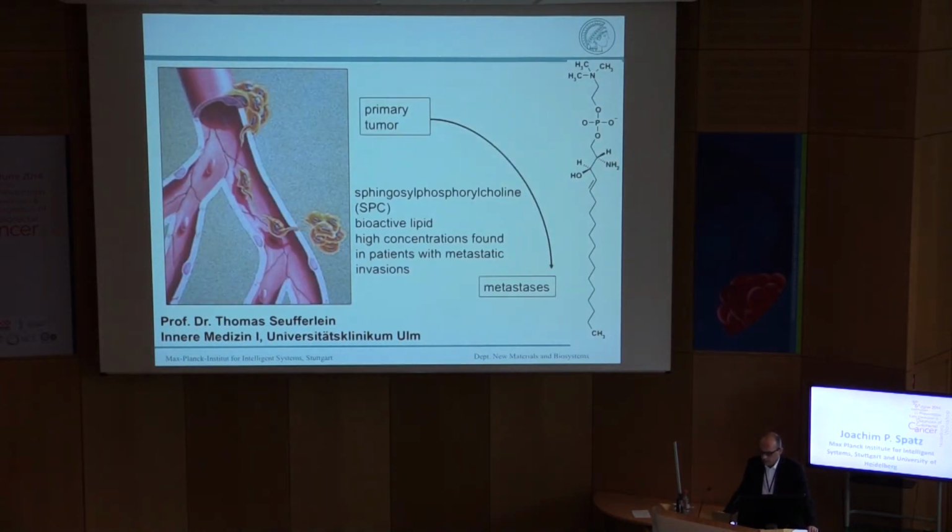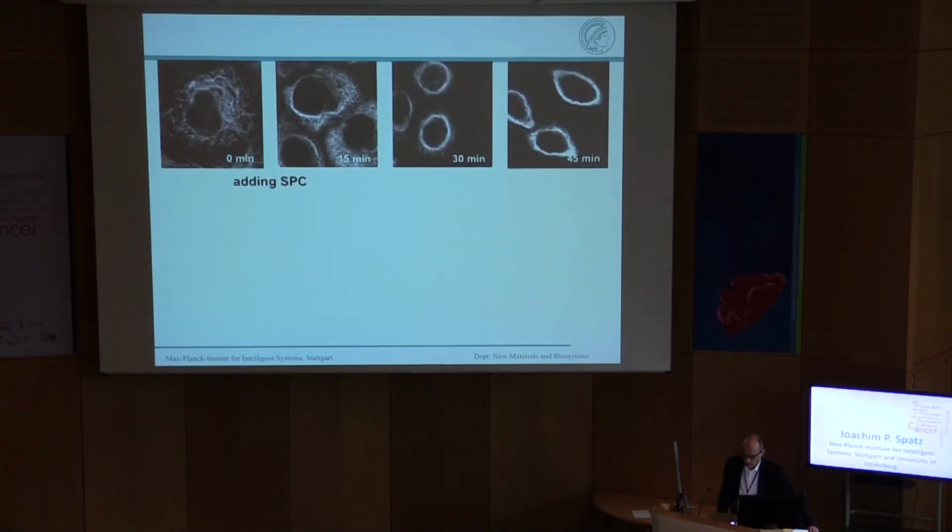And he motivated this work by the fact that in the case of primary tumors you find less SPC, while if the pancreas cancer has already formed metastasis, you have a higher amount of this SPC, which can be measured in patients. And then we got interested in why this SPC seems to be a marker for aggressiveness.